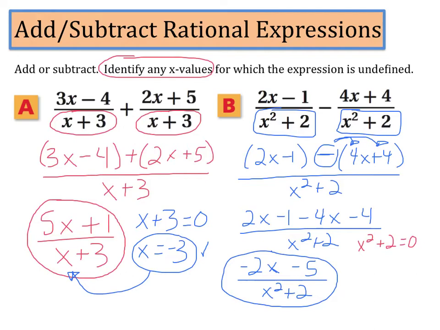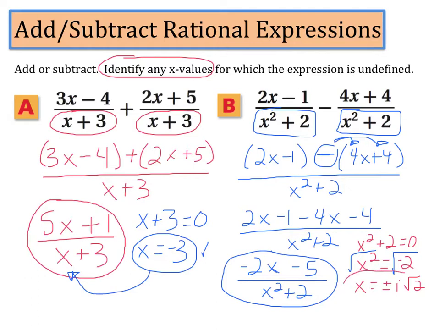Now when I try to isolate the x, I find that I have x squared equals negative 2. Now if I did take the square root of both sides to get x by itself, I would have x equals plus or minus i times the square root of 2.